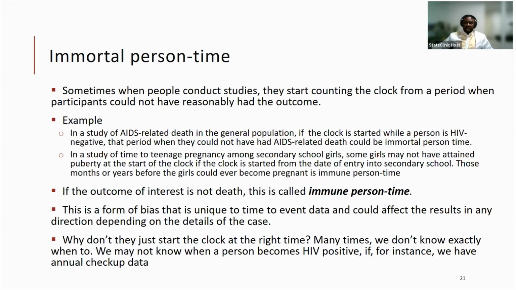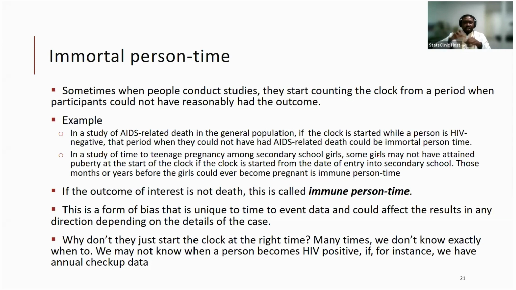Okay, so you might ask, why don't people just start the clock at the right time? But that's, like I said, it's because they might not know. Like, you might not know when a person actually does start puberty. So even if you know when they started puberty, what would you use, when they started menses? But the time when they start menses is already like they've already started having maybe secondary sexual features before then. So like, how do you define?